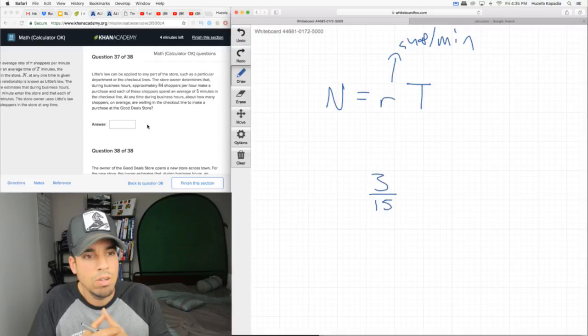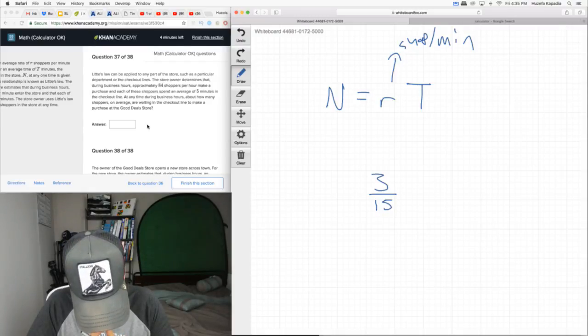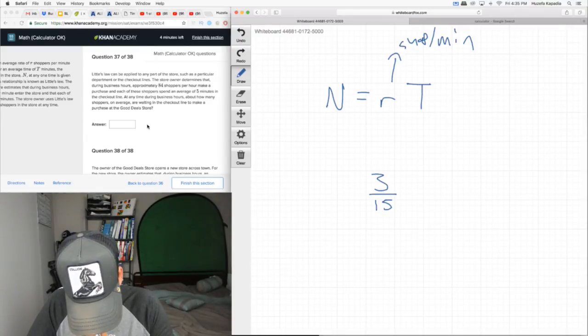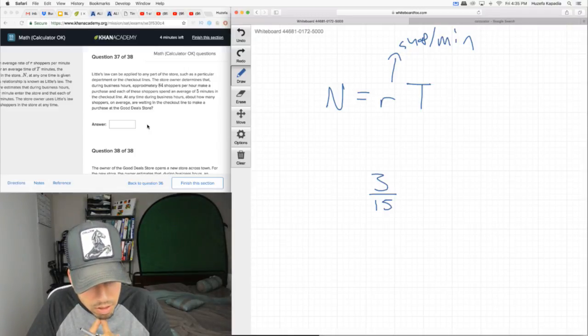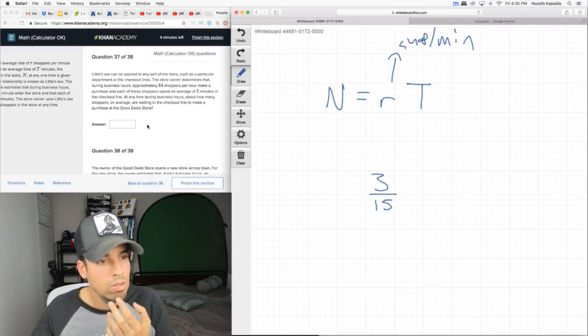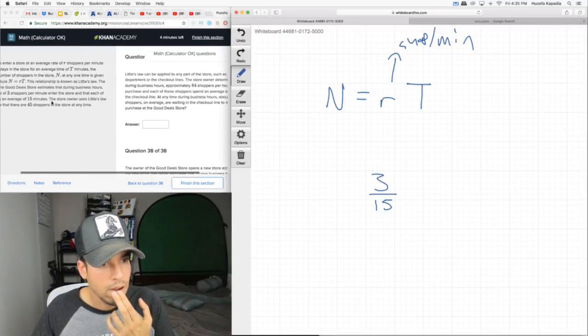Any time, so 84. So it's like 8. But how do we use this? So 84 shoppers per hour.